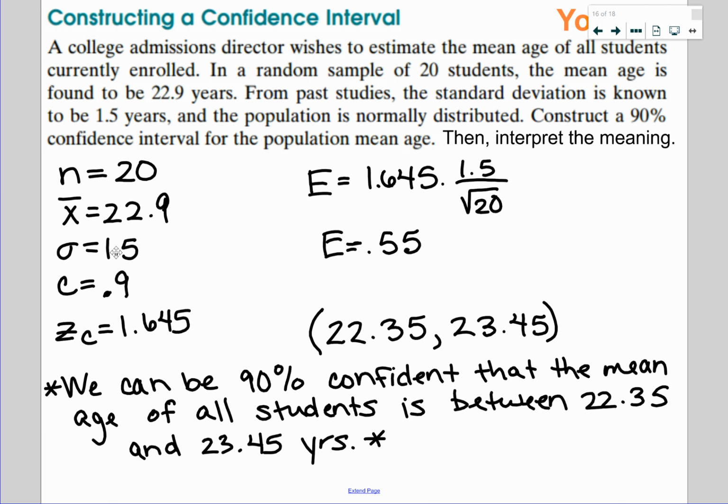Add and subtract that to the sample mean, you should get a confidence interval of 22.35 to 23.45, if I don't round anything there. And then summary of that, we can be 90% confident, or you can say there is a 90% probability that the mean age of all college students, so that population mean, is between 22.35 and 23.45 years.